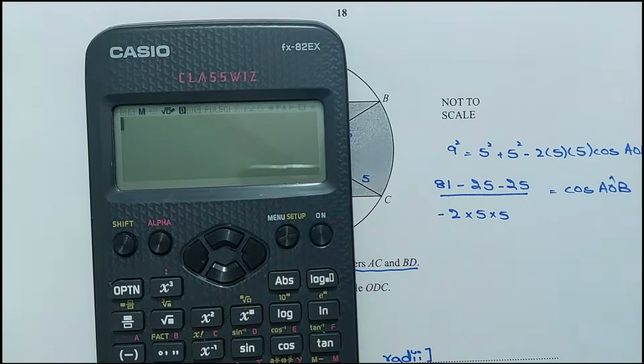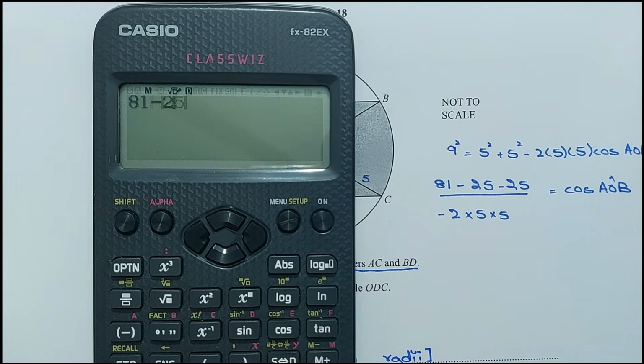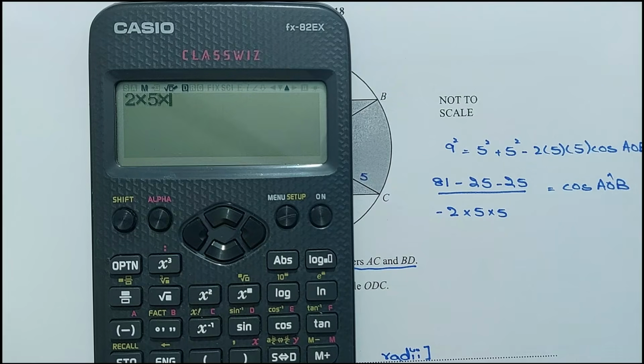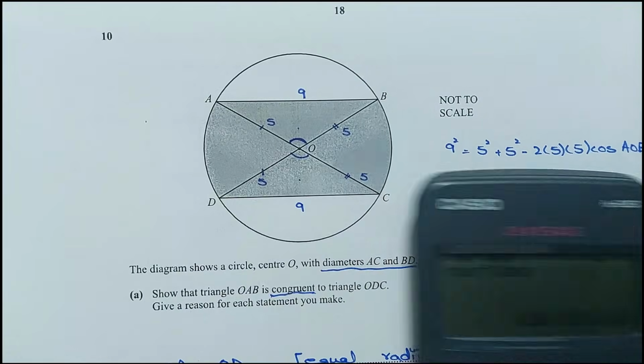Now let me simplify. We have 81 minus 25 minus 25. This is 31. Divided by 2 times 5 times 5, with the negative of the answer. Now doing cos inverse of the answer, this is 128 degrees, we can say.